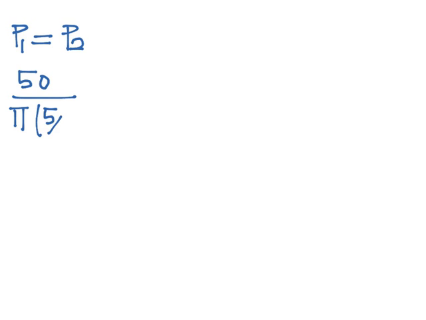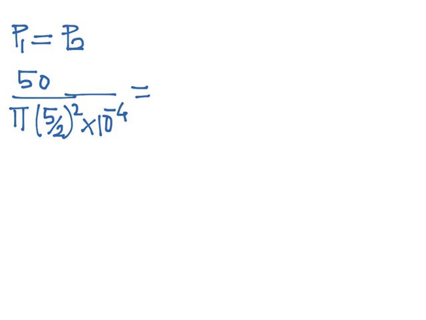So P1 is equal to P2, and the value of P1 is force, which is 50 kgf, and the area was pi r squared, where r was 5 by 2, squared, into 10 to the power minus 4.